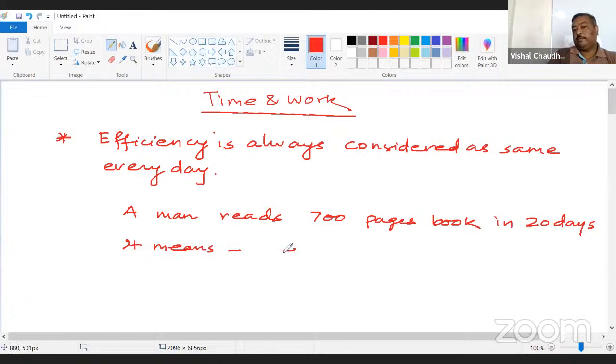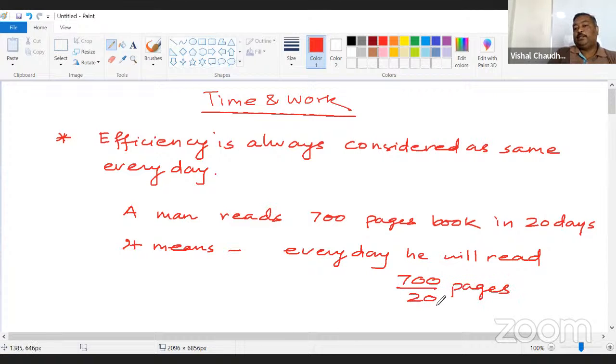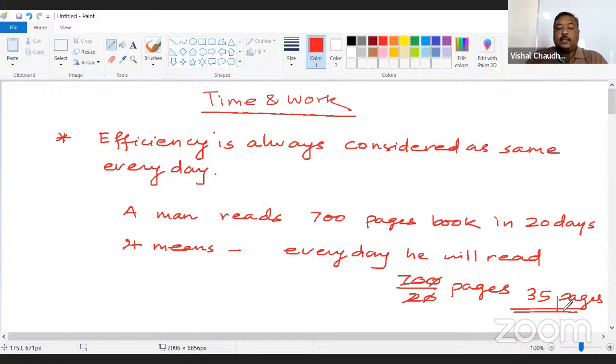It means every day he will read 700 by 20 pages, that is 35 pages, and that too without fail. Is it clear? So understand one thing: if he is reading 700 pages in 20 days, he will read 35 pages only every day.